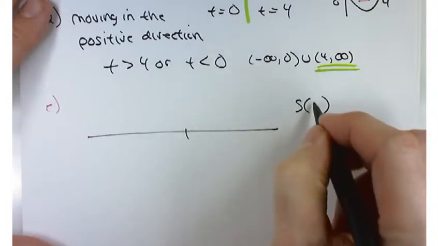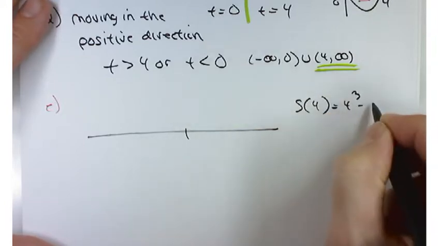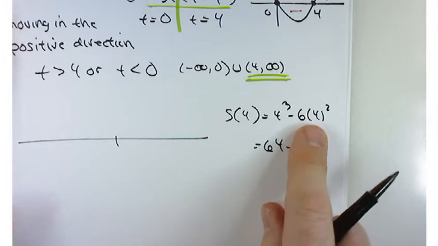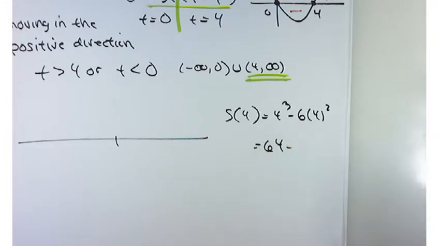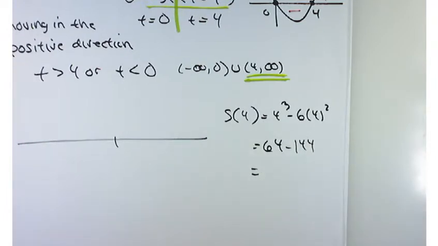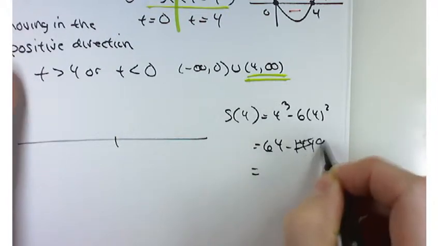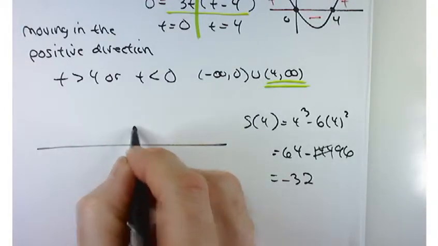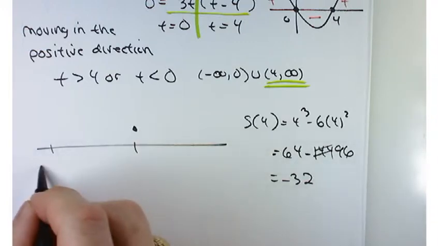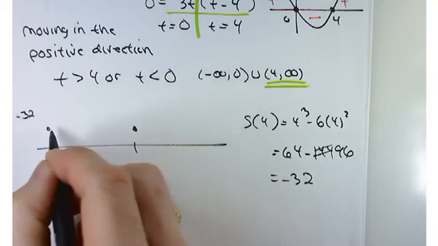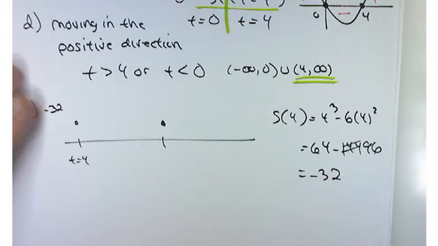S of 4 is going to be 4 cubed minus 6 times 4 squared, which is 64 minus 6 times 16, which is 96, my bad. So I get negative 32. So it started out at time 0, and then at t equals 4, you're at a position of negative 32. That's how far it moved.